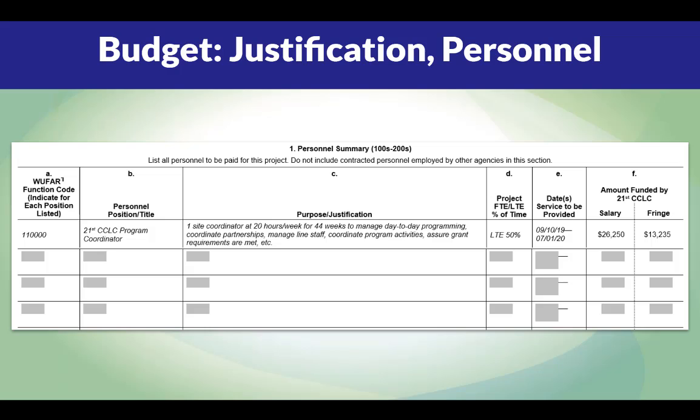Under the fifth column, E, dates services to be provided, list the dates during the current fiscal year that the position will be employed. In the final sixth column, F, salary and fringe, include any salary and/or fringe benefits paid for the position with CLC monies.